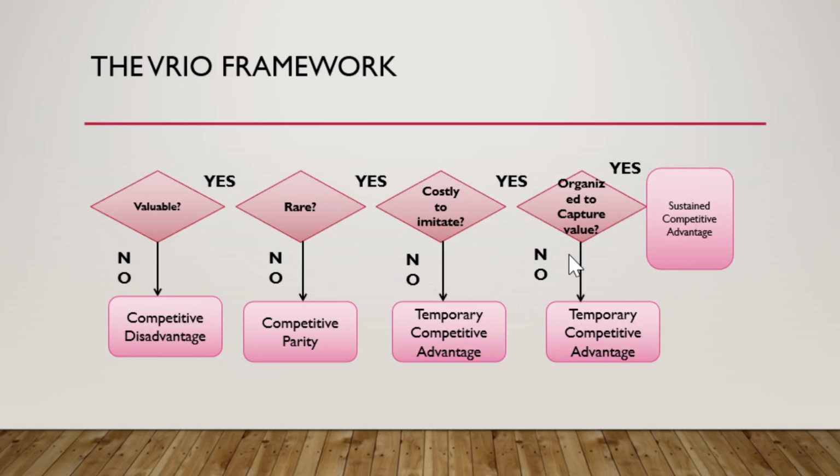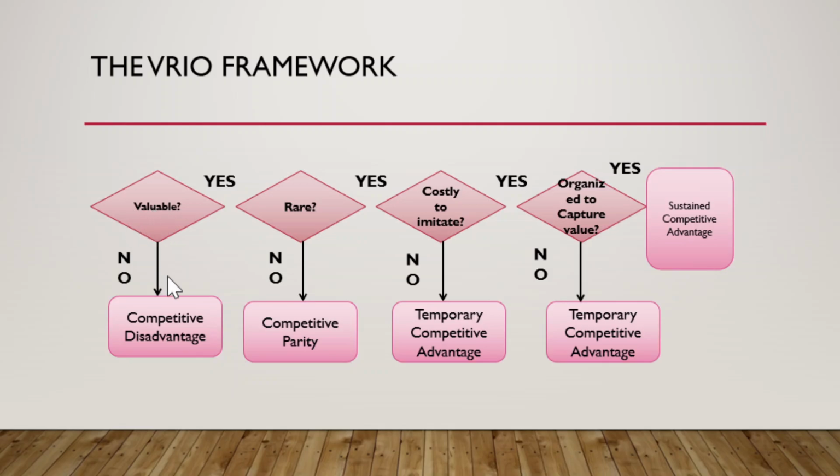So, what we aim is to have valuable, rare, costly to imitate and organized resources in order to sustain our competitive advantage. Kasi once we fail, magkakaroon tayo ng competitive disadvantage compared to our rivals.